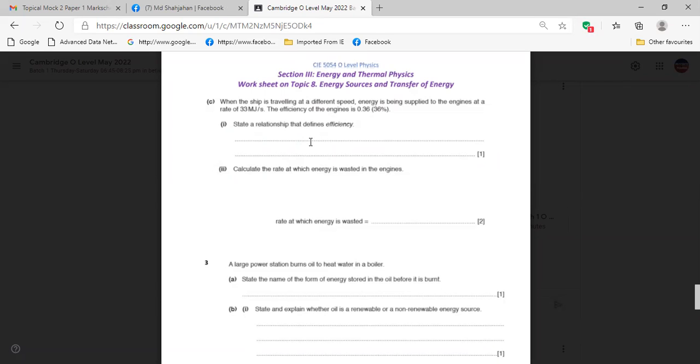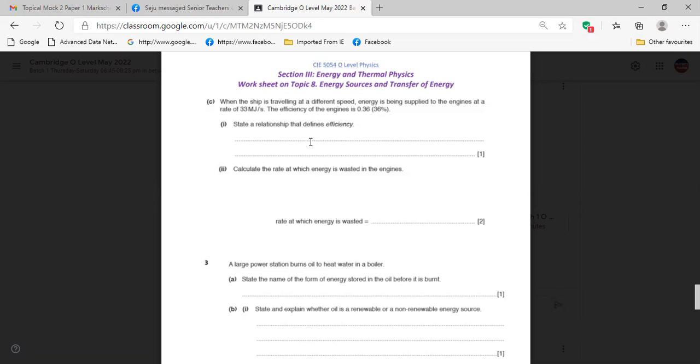Then the last part, calculate the rate at which energy is wasted in the engines. So they are giving us efficiency. If you have efficiency, then you can find the output, right? Useful output you can find. If you can get the output, then you can subtract the output from input, then you will get the wasted energy.